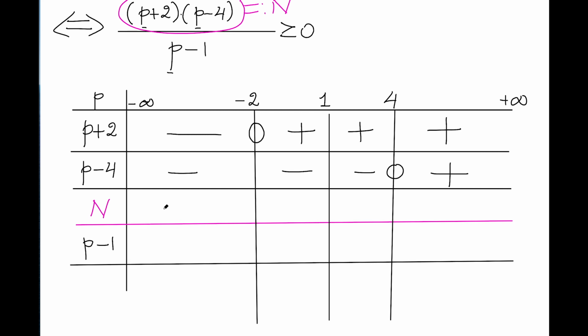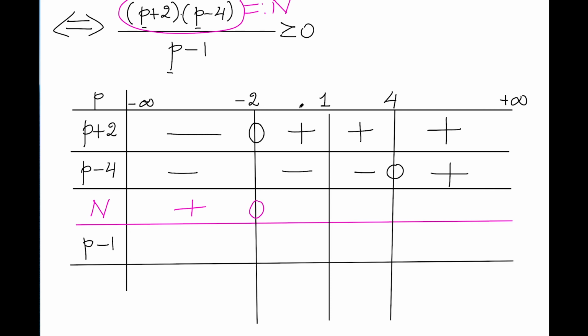And let's now deduce information about the numerator. Well, the numerator is positive when p is between minus infinity and minus 2, because the two factors are negative. So this is going to be plus. When p is negative 2, one of the factors upstairs is 0, and hence the numerator is going to be 0.